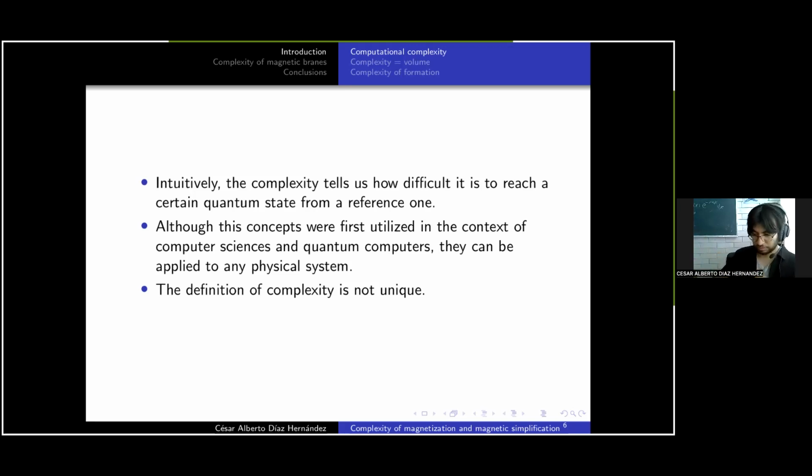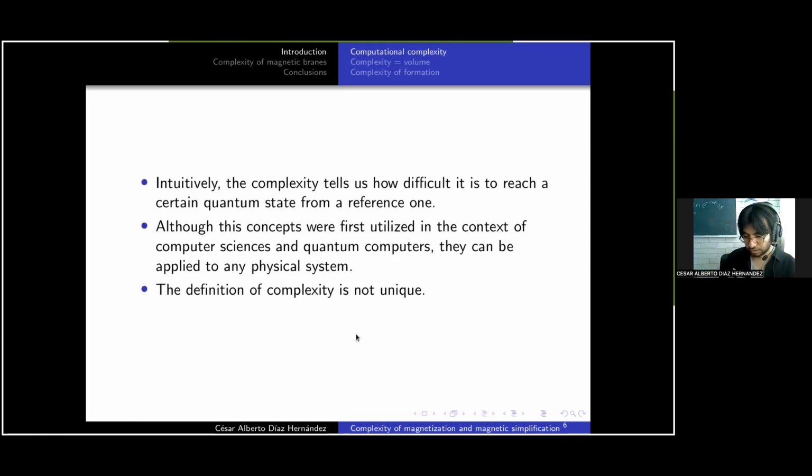The exact number they will obtain when computing how many operations they need to perform will be different because they have different operators, right? So this definition of complexity is not unique.